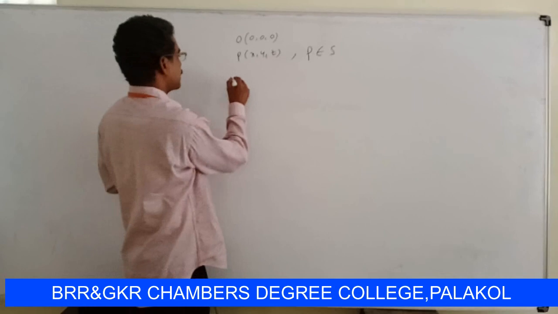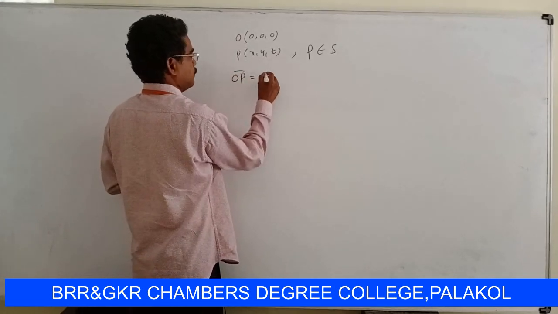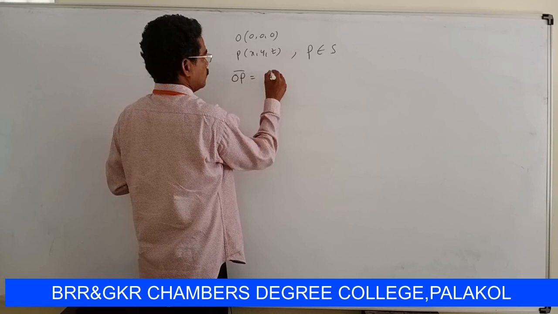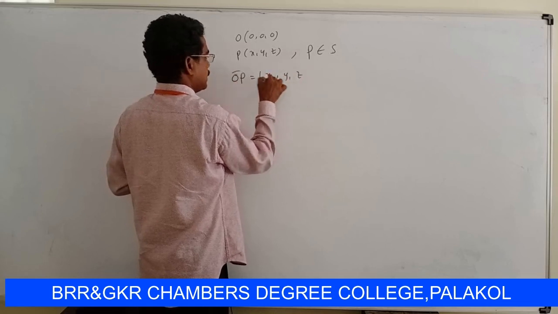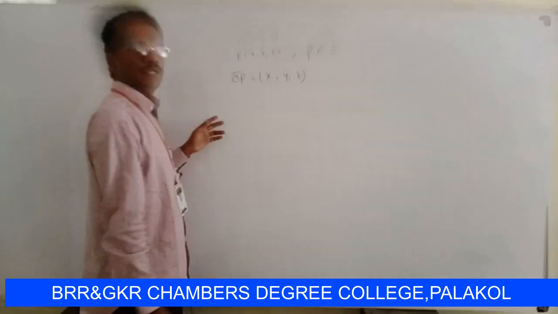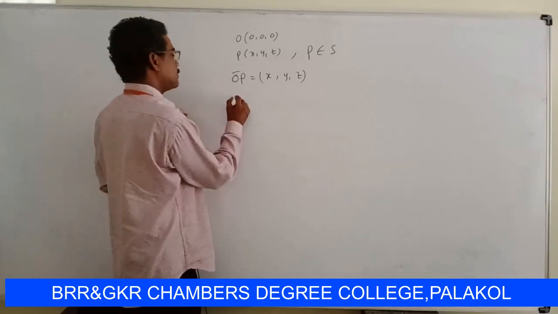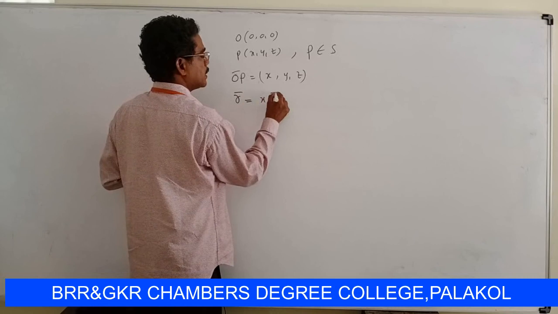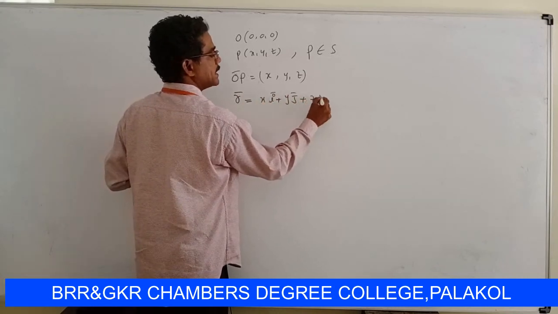Here O is the origin and OP bar is (X, Y, Z). Then it is called the position vector. It is simply written as R bar equal to Xi bar plus Yj plus Zk.